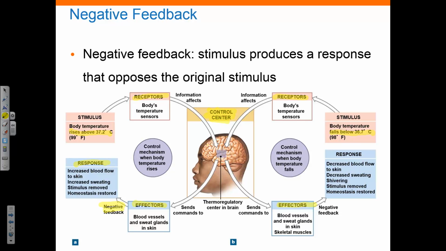The effectors will respond by causing a decrease in blood flow to the surface, shivering, and a decrease in sweating. All of these responses will promote an increase of body temperature, thus providing negative feedback that restores homeostasis.